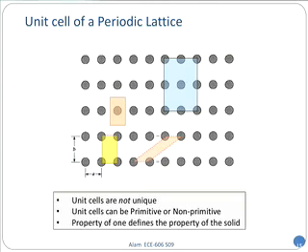Primitive means the smallest one, but even for the primitive one, you can see the yellow one, the trapezoidal one, or one that has the atom in the center. All three are primitive cells, but they are of different types. So even the primitive cells need not be unique. And the property of one, as I mentioned, defines the property of the whole. And that's why we want to understand them in some detail.